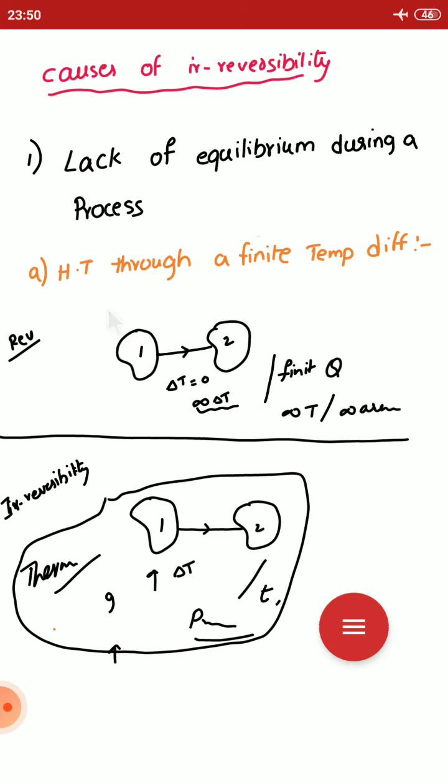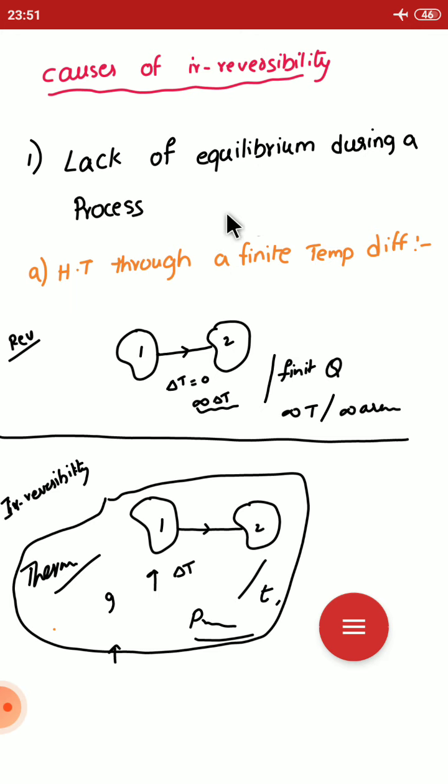Similarly, pressure also. A lack of pressure equilibrium within the interior of the system, or between the system and the surroundings, is also one of the causes of irreversibility. The next cause is the lack of chemical equilibrium.